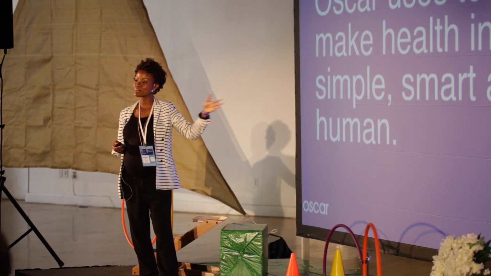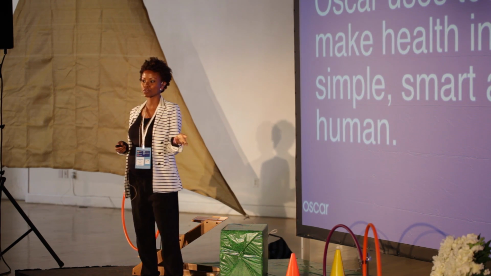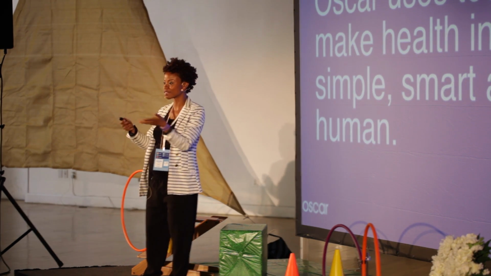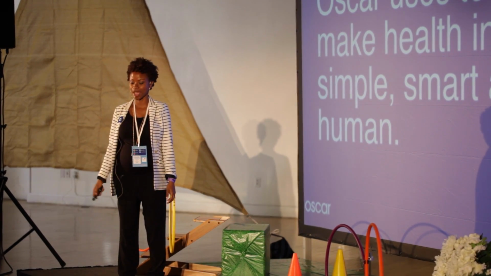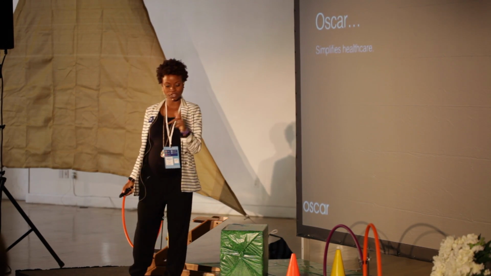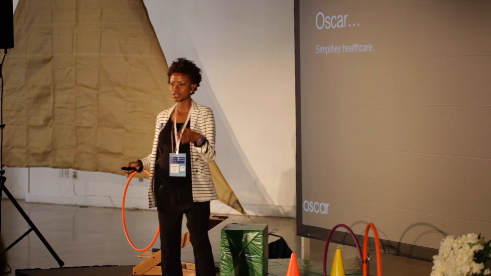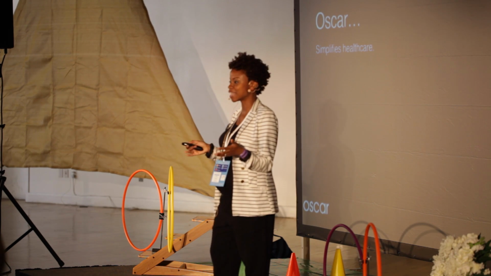So if that's the main thing that we wanted to say to consumers, then I have to give you the proof points, right? I mentioned you have to kind of outline why you're saying this and why it's unique to your brand. So Oscar simplifies healthcare, right? We're using data to give consumers this deceptively simple and easy interface.